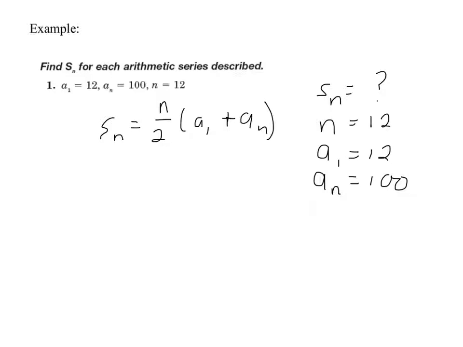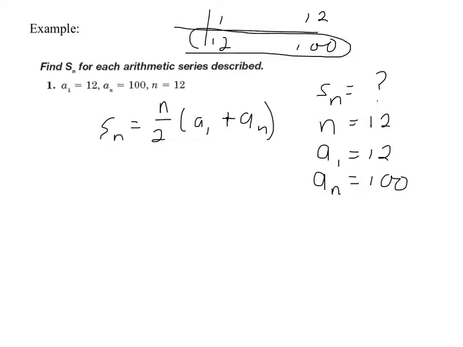All right, so let me write this out. I know that my first number in my sequence is 12, and I know that my 12th number of my sequence is 100. And I want to know what is the sum of all of these together. That's what I'm trying to find. So let's go ahead and do that.